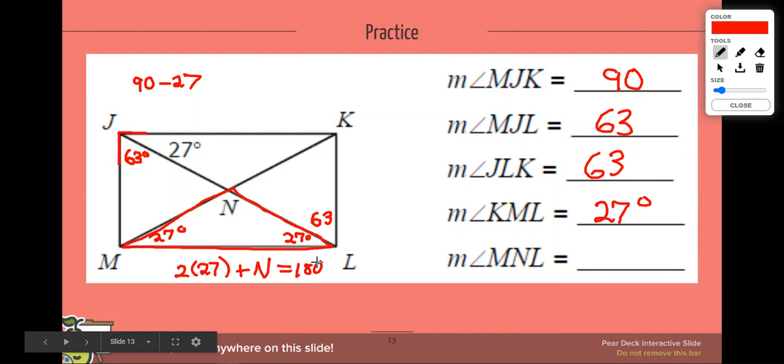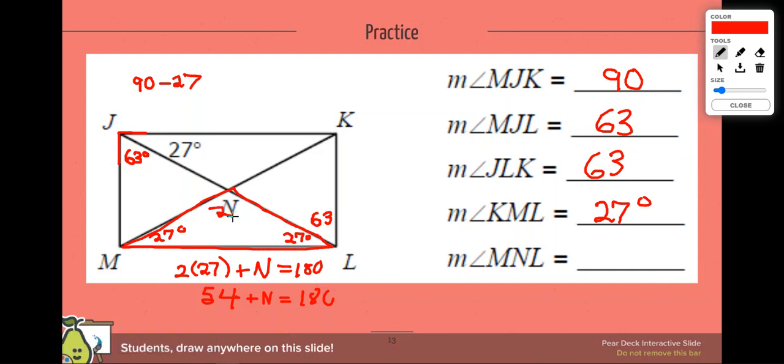So we take 27 and we multiply it by 2, which gives us 54. We subtract 54 from 180. That is 126. 126 degrees.